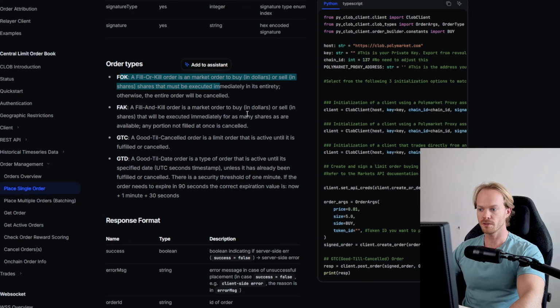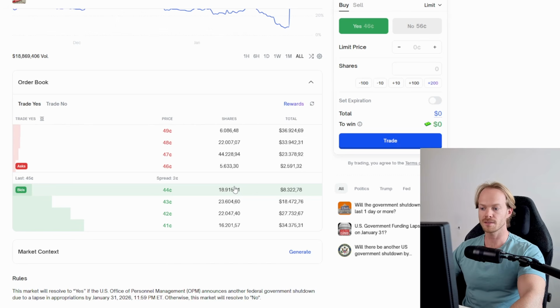I have tried the fill or kill, but the way I understand this one is that, let's say you place a buy order for 7,000 at 46. Then you would get these 6,100, but the remaining shares you will not get.